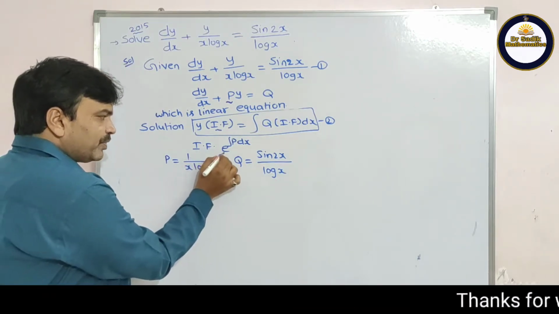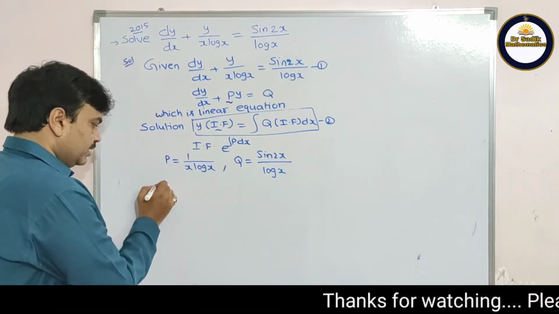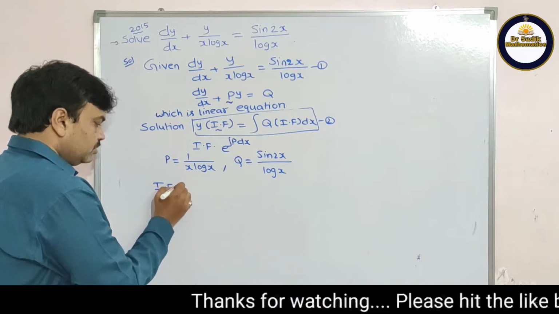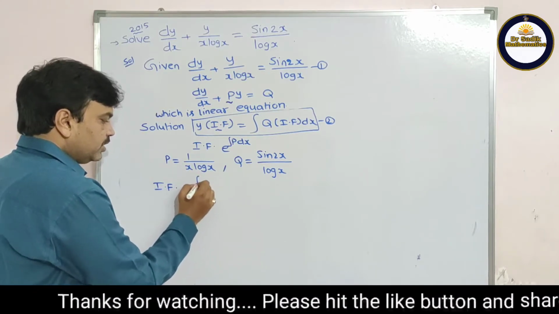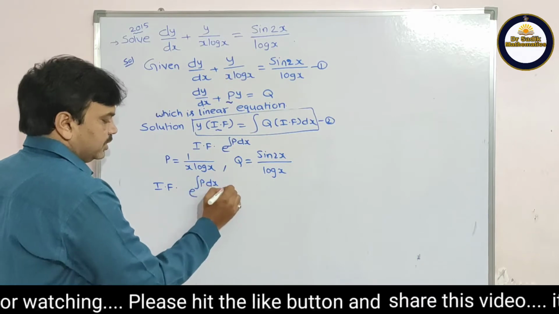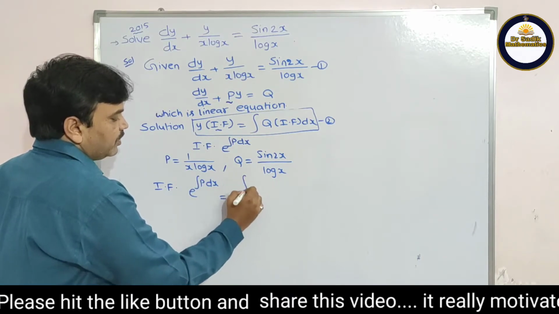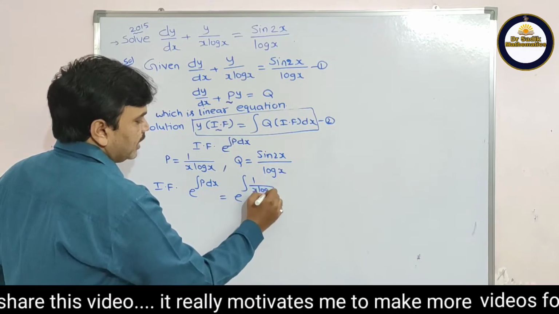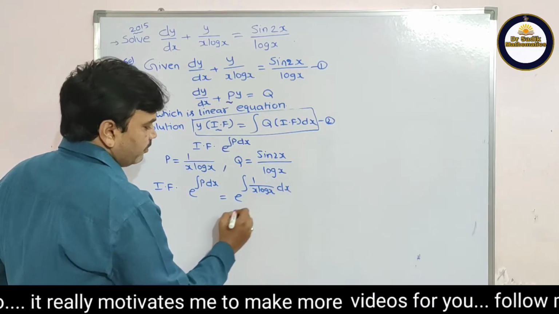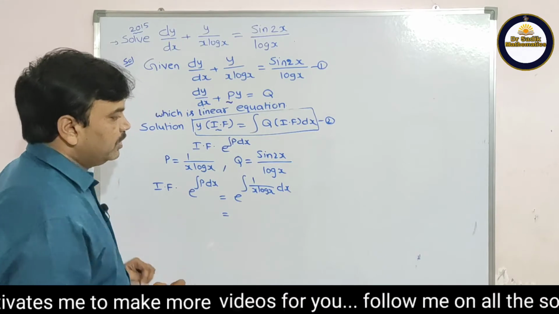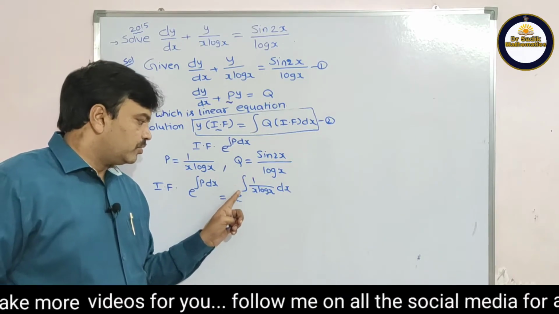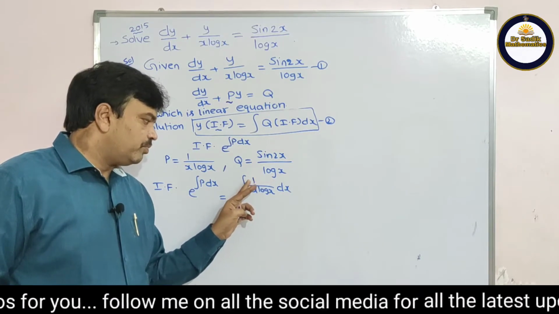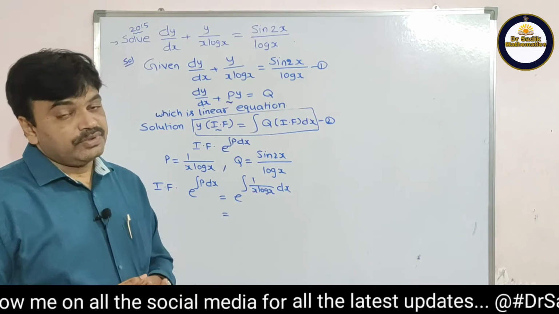Now I want to find the integrating factor. Integrating factor is e power integral p dx, that is equal to e power integral of 1 by (x log x) dx. Now what is the integration of 1 by (x log x)?